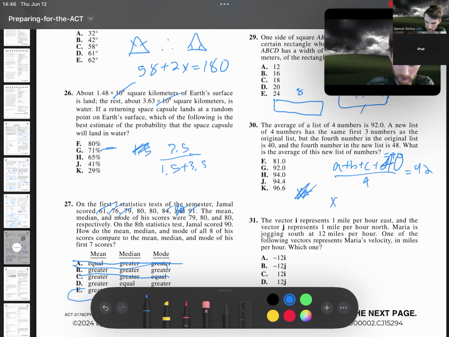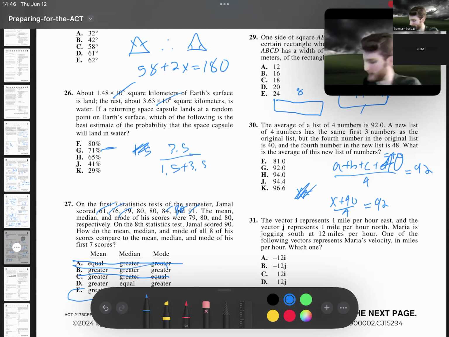So x plus 40 divided by 4 equals 92. Wow, that took me a while to figure out. All right, 92 divided by 4 is 23 minus 40 is 17. 92 times 4 minus 40 is 328.